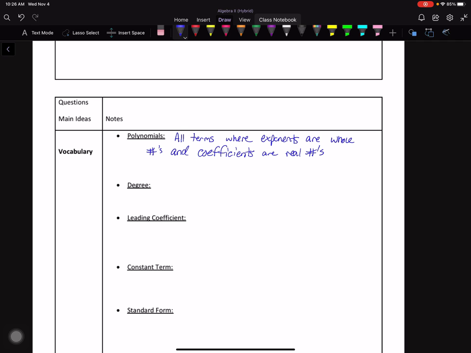All right, the degree of a polynomial is the largest exponent. And you would just say something like second degree, third degree, fourth degree, or whatever.